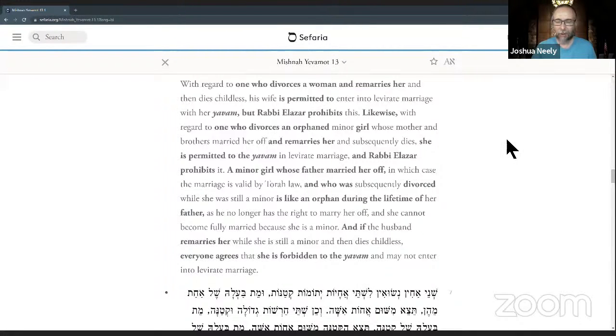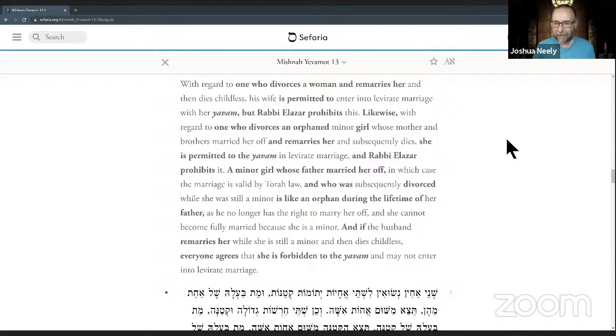So let's go ahead and take care of those first 2 cases. So if somebody divorces and then remarries them, and then he dies, then they are permitted into levirate marriage, despite the ups and downs, if you will, of the in and out of the marriage.